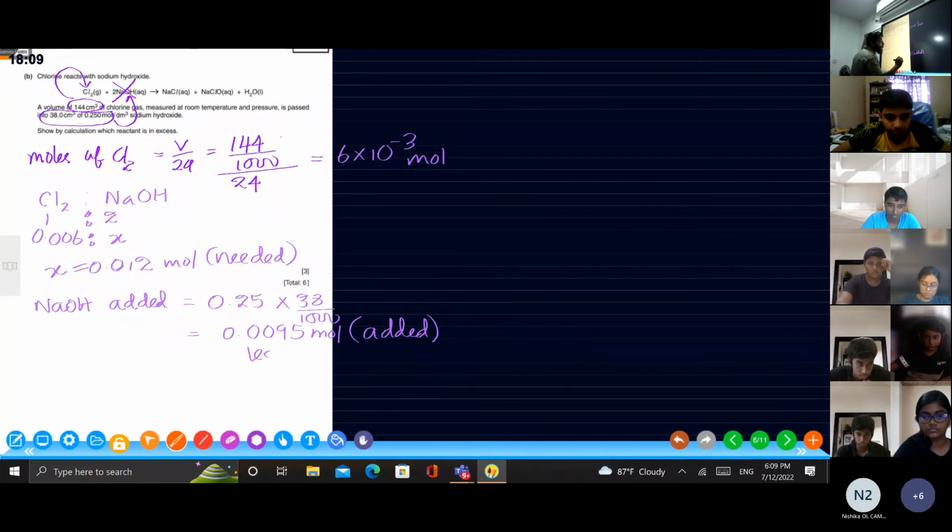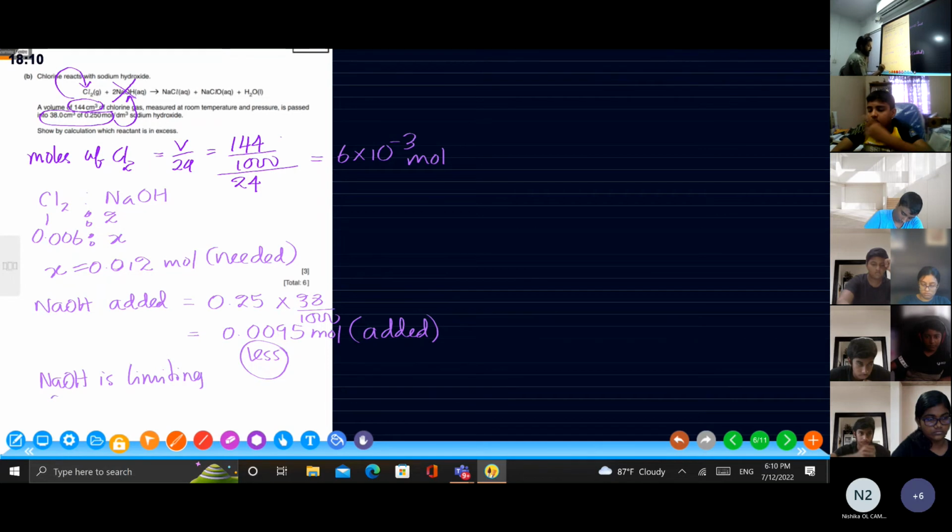Added amount is less means sodium hydroxide is limiting, and chlorine is in excess. Chlorine is in excess.